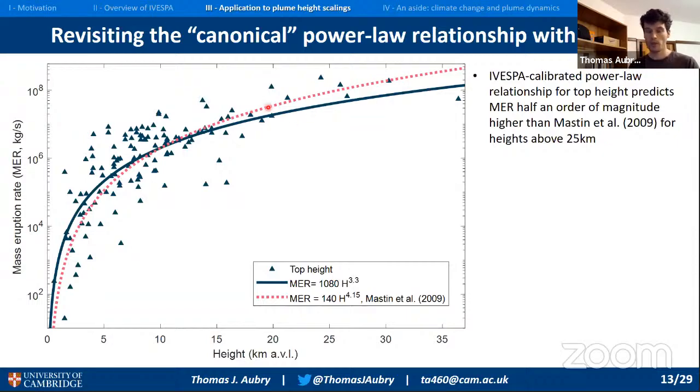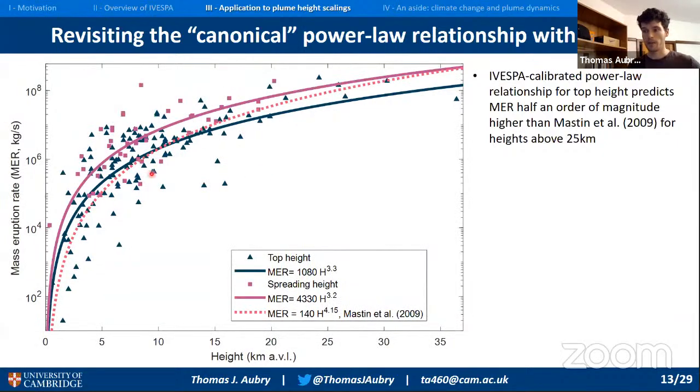What's really interesting with IVESPA, I think, is that in addition to having the top height of the plume, we also have the spreading height, at least for some of the events, which is shown here as purple squares. The corresponding power law relationship is shown in purple as well. Not surprisingly, for a given mass eruption rate, the spreading heights tend to be lower than the top height.